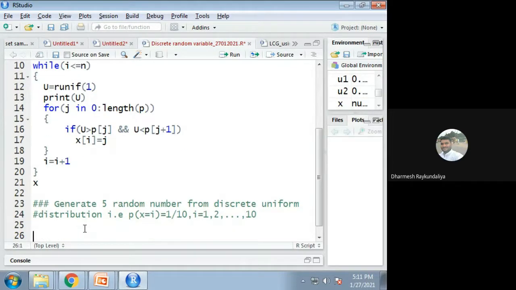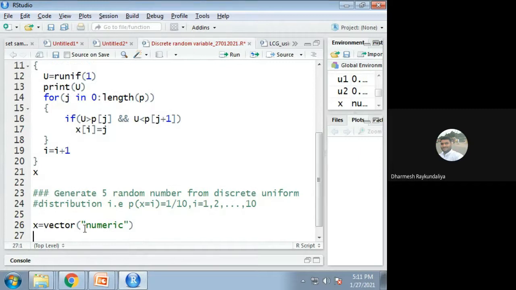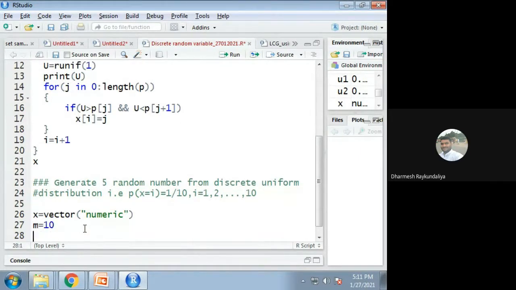How to generate? We know this direct formula. Let us say x equals a vector of numeric. We wish to generate 5 random numbers.